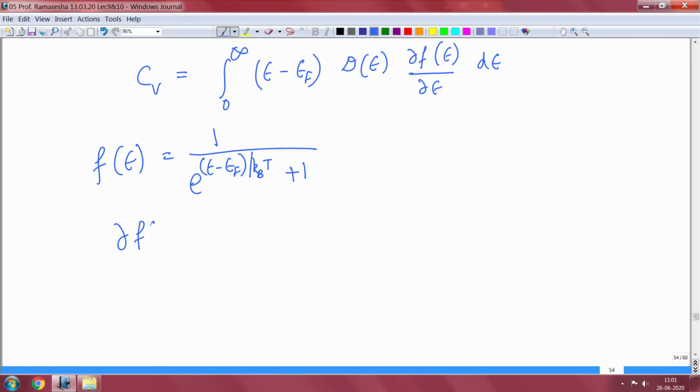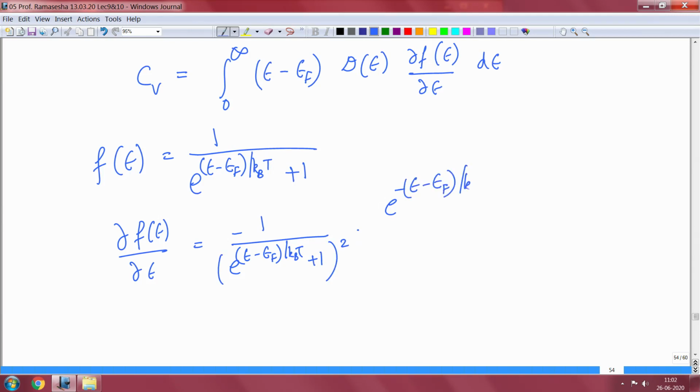I get del f by del T equal to minus 1 divided by (e to the (epsilon minus epsilon_F) by kBT plus 1) squared, multiplied by e to the (epsilon minus epsilon_F) by kBT, multiplied by minus (epsilon minus epsilon_F) by kB T squared.